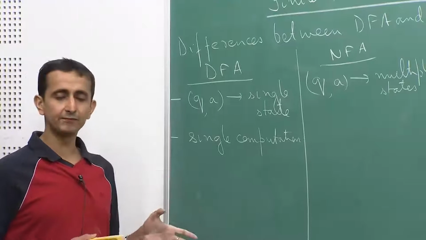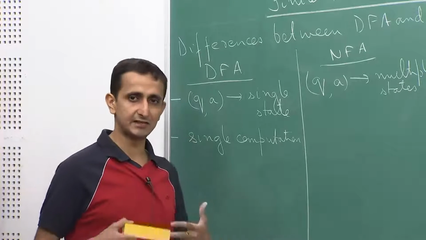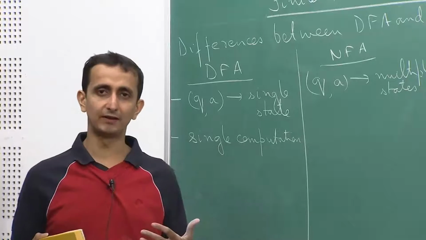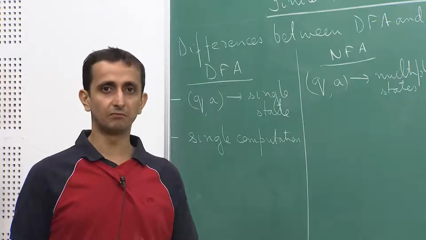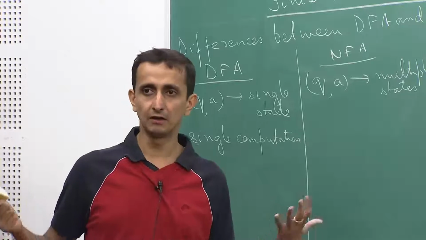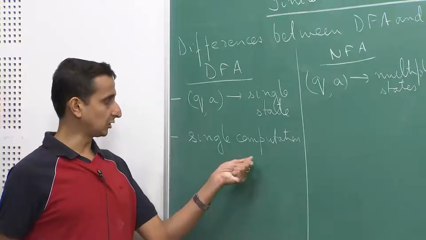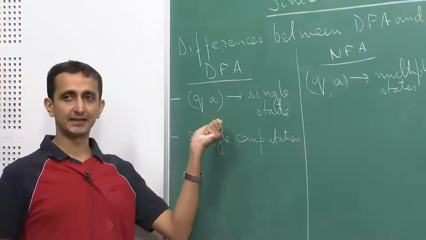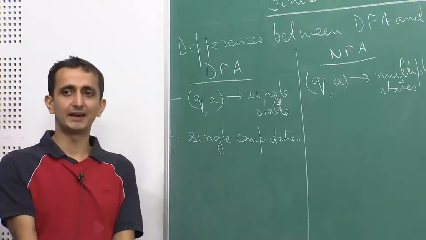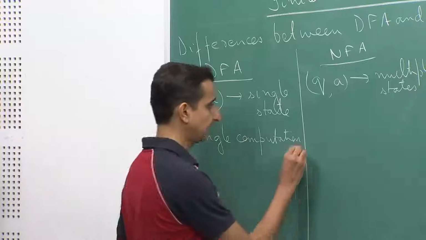In the case of a DFA there is only one person, more like a person from our planet. It does not create any clones of himself or herself. At every point of the computation, it reads the next input bit and moves to the next state. So, there is a single computation that is happening.